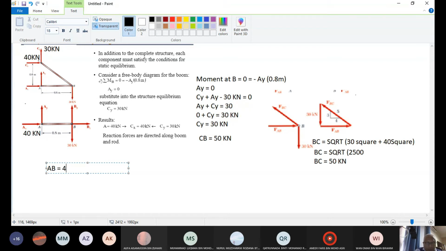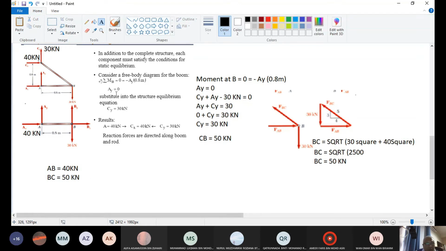AB is 40 kilonewton. BC equal to 50 kilonewton. Now do you see the point why we need to do this? The rest will be simple.